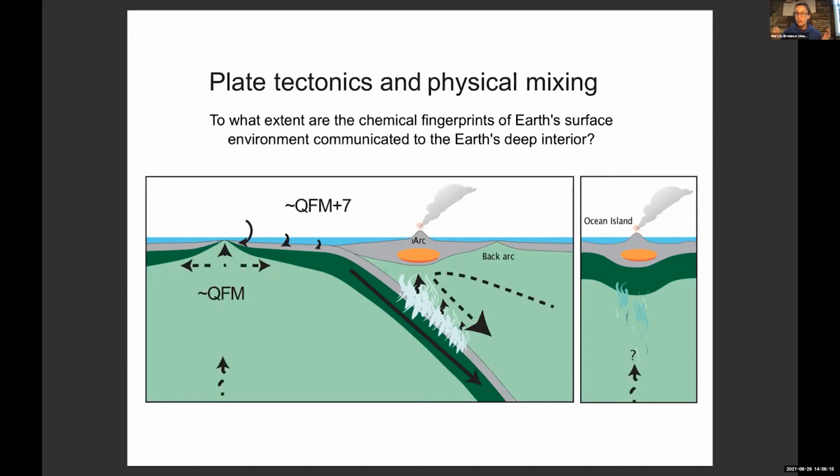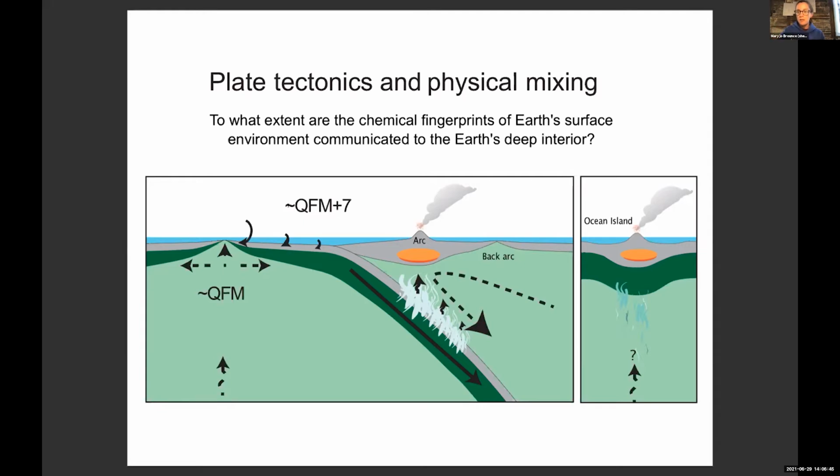Is it because the arc crust is thick here? Or is it because we know that we oxidize the plate before it goes down and those oxidized signatures get brought back up? That's a really important question. If we are taking oxygen fundamentally present in Earth's atmosphere because of oxygenic photosynthesis, and storing it mineralogically in the slab, we'd like to know the extent to which that gets recycled and re-emitted to the surface, or if we've been subducting that very deep into Earth's interior and storing it there on geologic timescales.